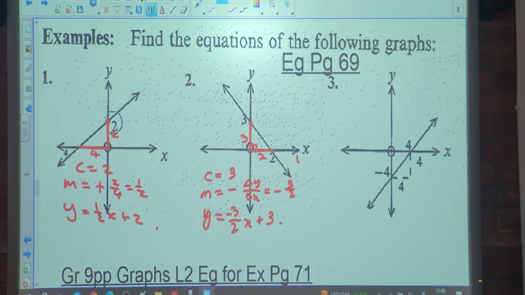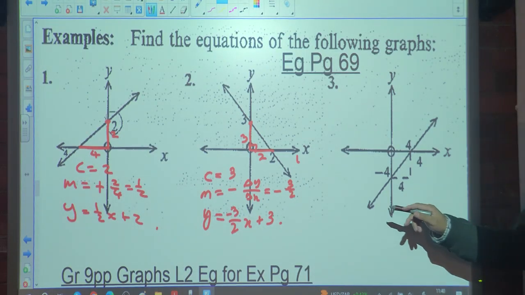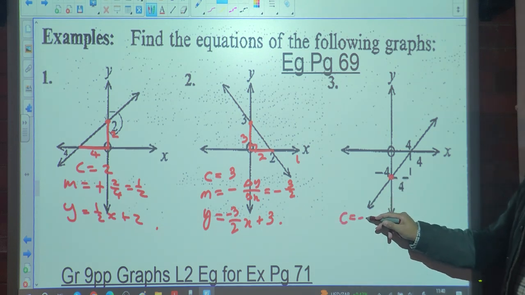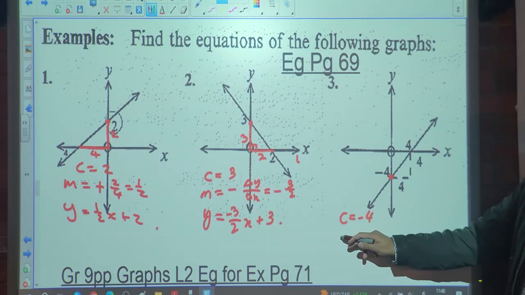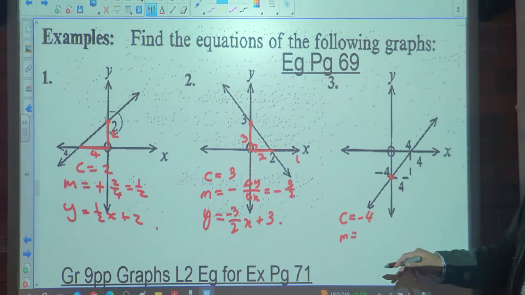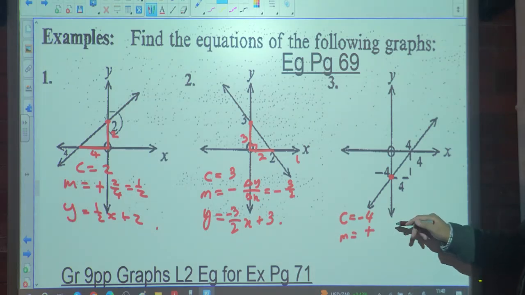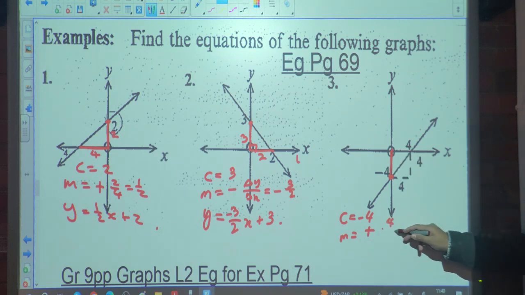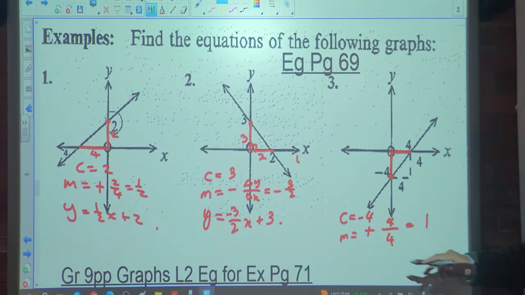Let's look at the next one. What's your c value here? Negative 4. The gradient, positive or negative? Positive. So change in y is 4. Change in x? 4. Which is 1.